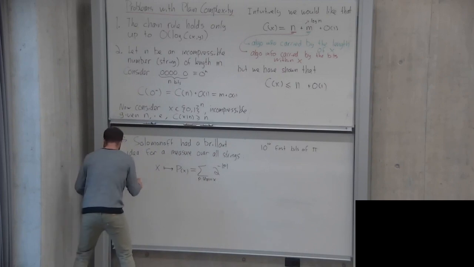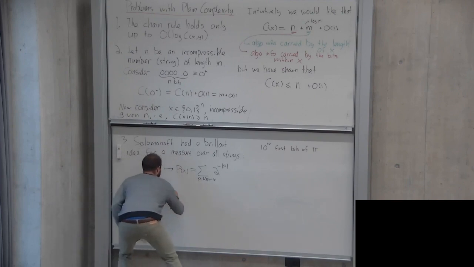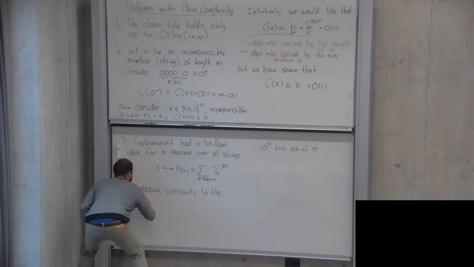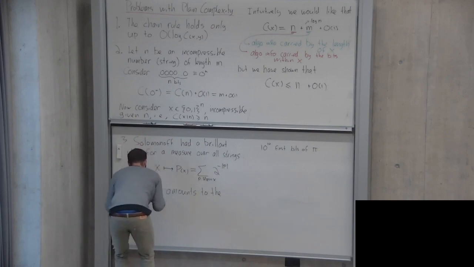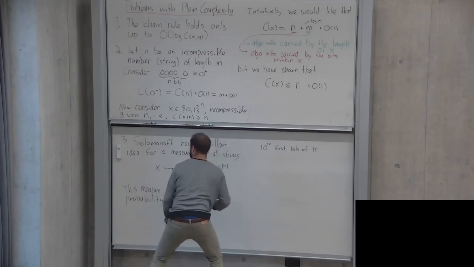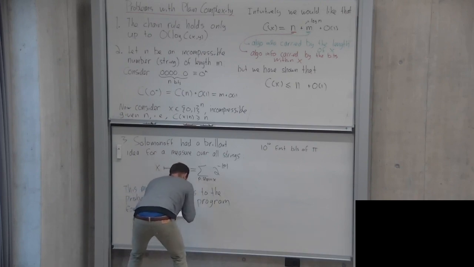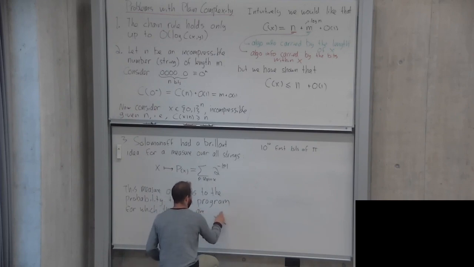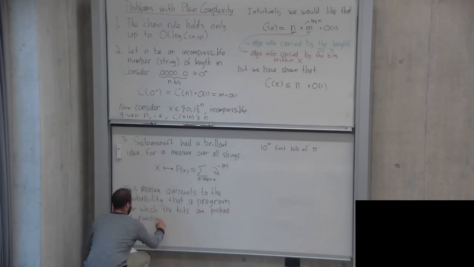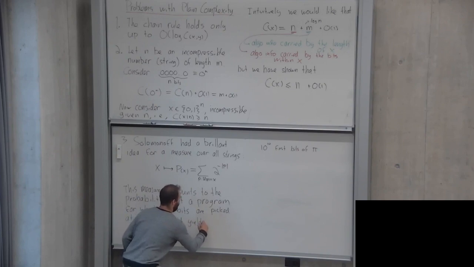Okay, and writing this down, this measure amounts to the probability that the program, for which the bits are picked at random, would yield the string x.